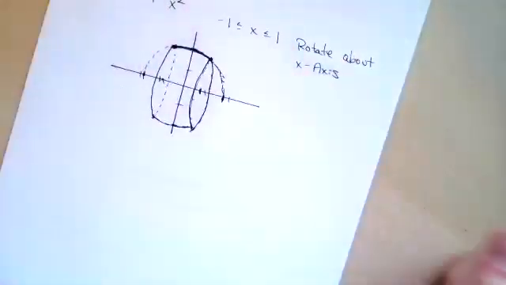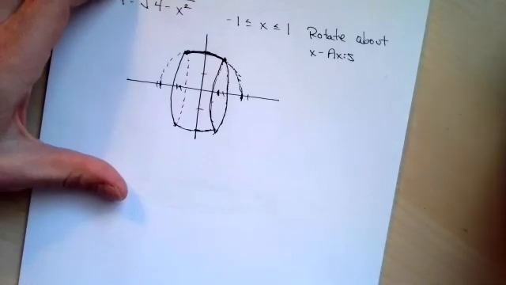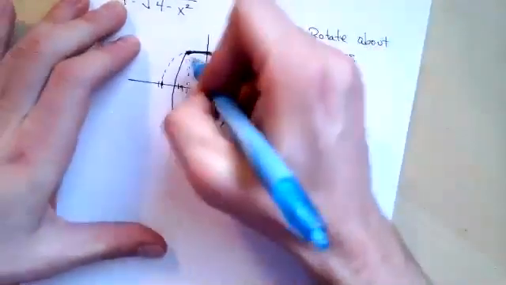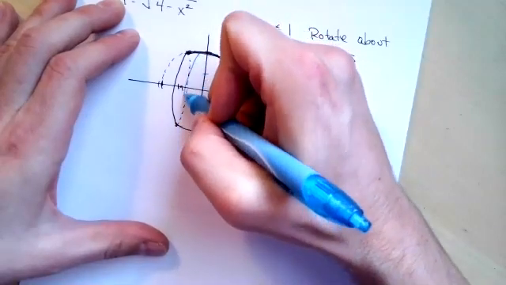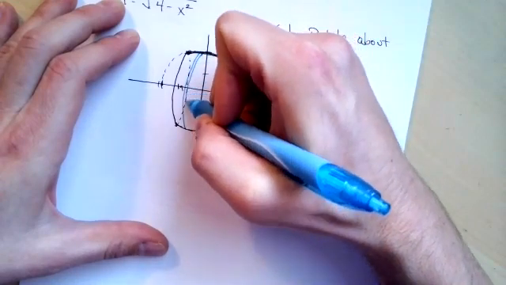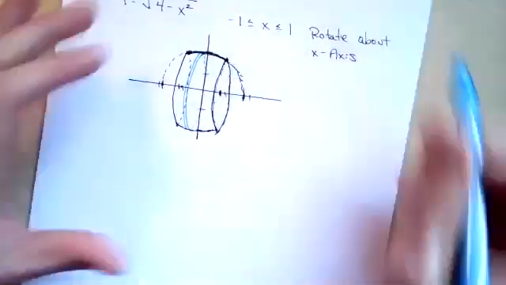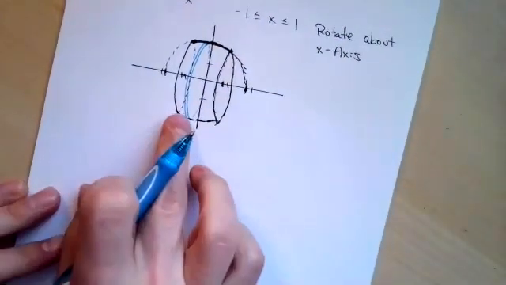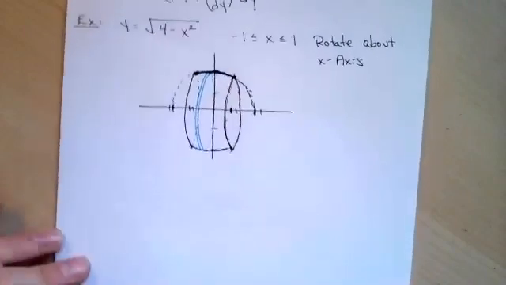So we've got this thin, I guess not thin, but like this slice of a sphere and the surface of a sphere that we are rotating about the x-axis. And so naturally we are going to cut perpendicular to that, and have these thin ribbons that we're going to add up the area for as we move left to right.